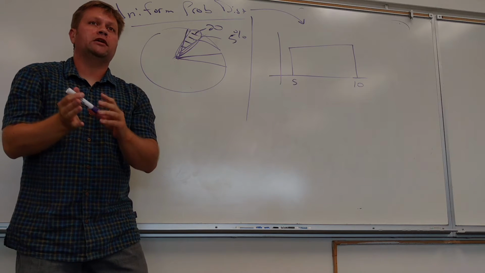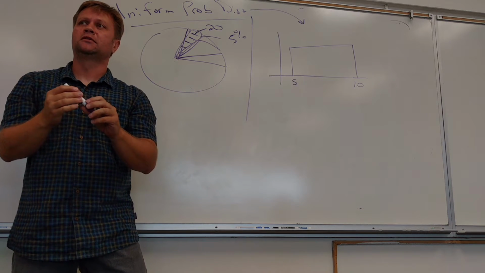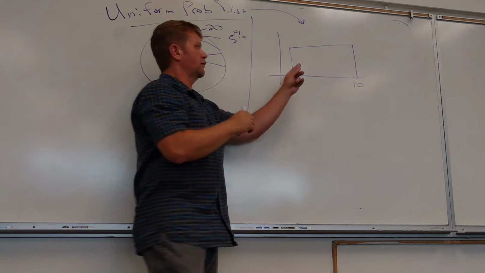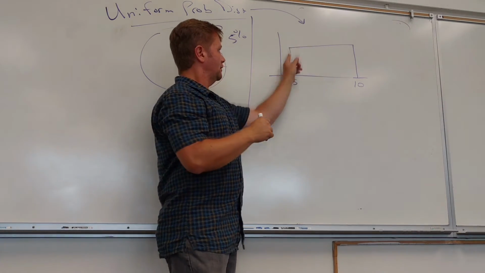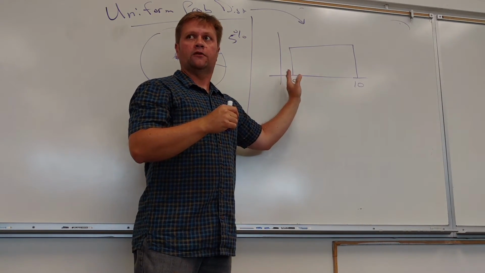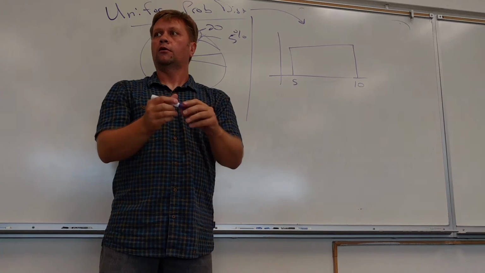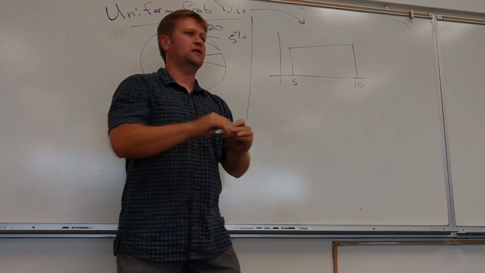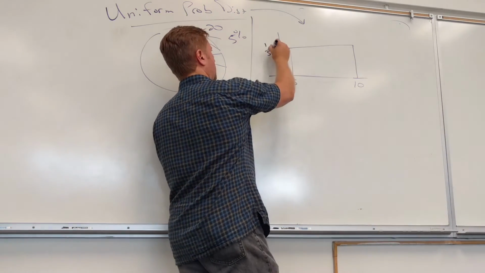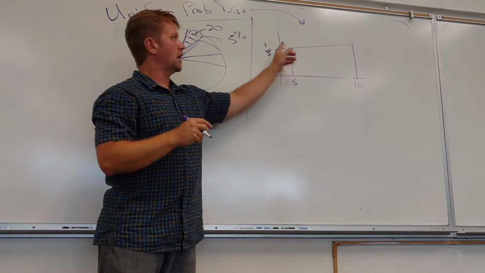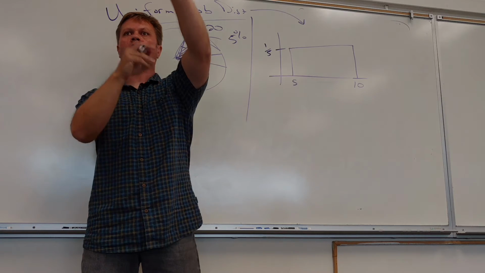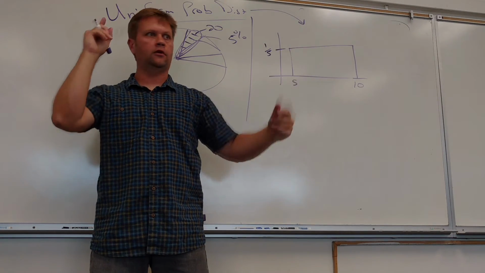Of course, how do you find the area of a rectangle? Length times width, right? So 5 times what is 1? What's the reciprocal of 5? 1/5. So however wide it is, it's got to be 1 over that tall so that the whole thing has an area of 1.